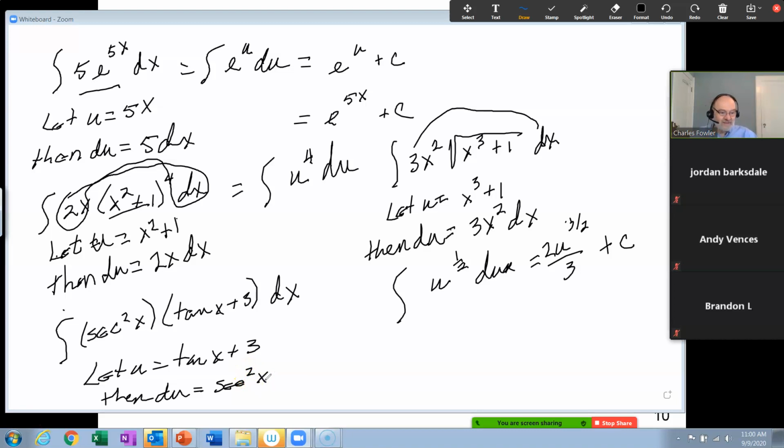Go back and check. It's probably at the front inside cover of your book, I think. That sort of cardstock page that's perforated at the very front of your book, basic differentiation rules, number 15, front inside cover: the derivative of tangent u is secant squared u du.